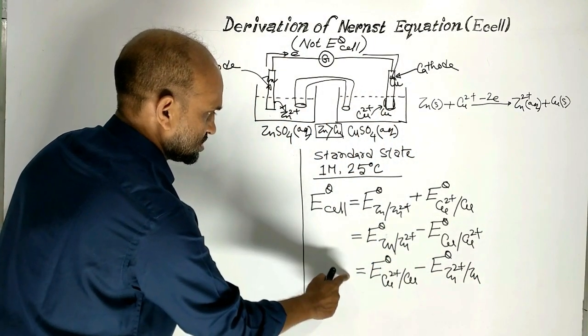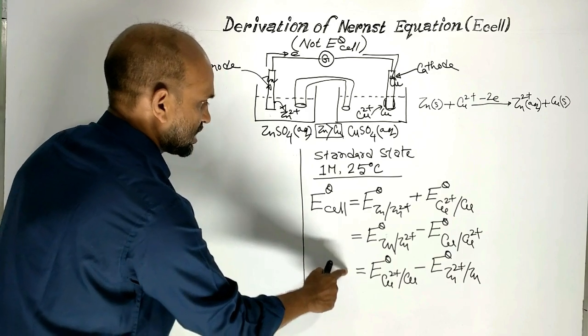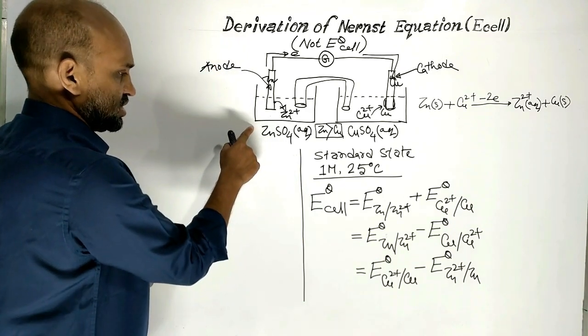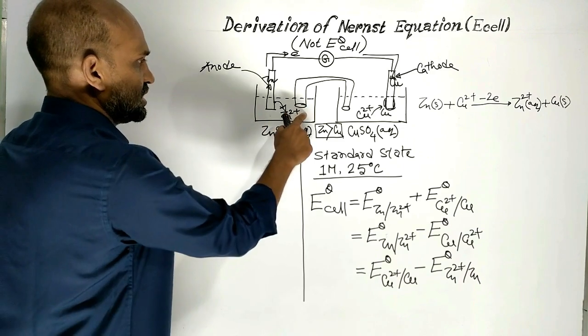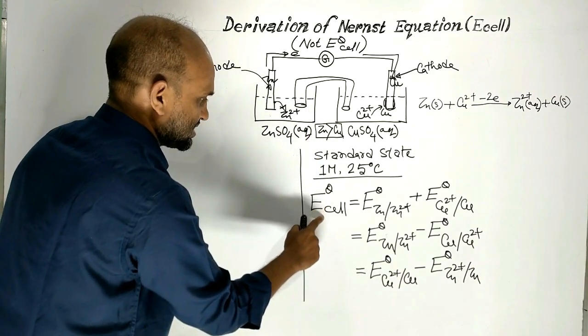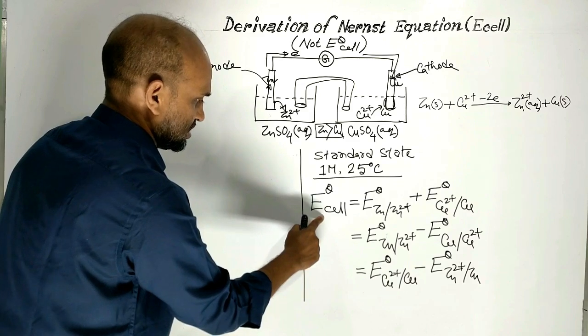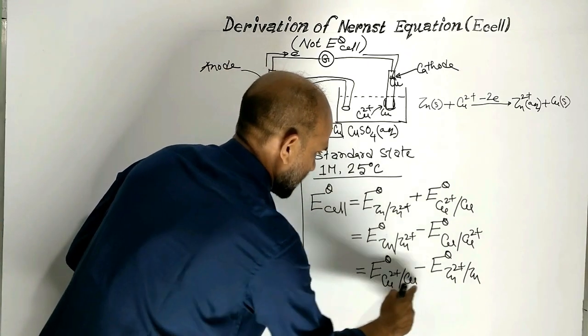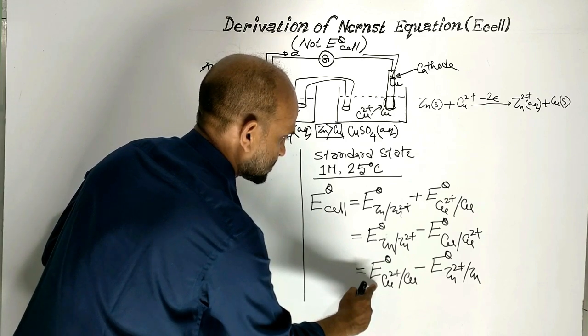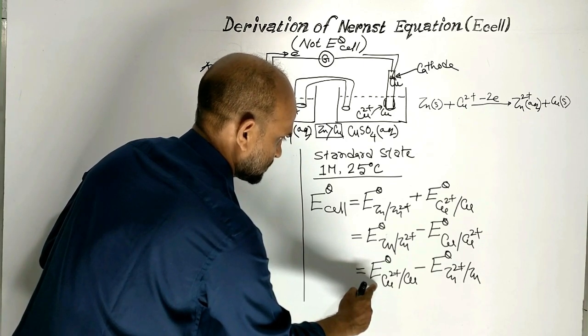By these three equations we can calculate the standard cell potential of the Daniell cell. When the cell is in standard state, we can calculate standard cell potential easily, because these values are obtained from the electrochemical series of standard reduction potentials of electrodes.